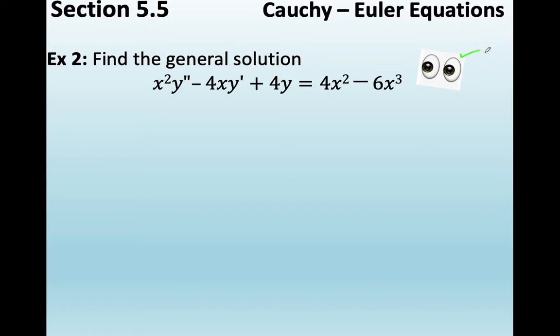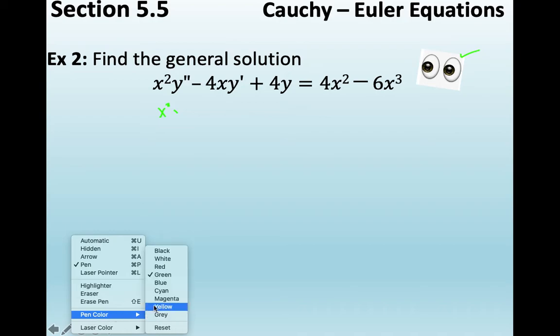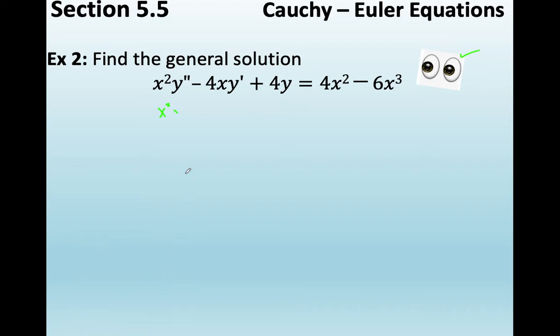I'm going to consider this homogeneous. Right now, I'm going to do the complementary. I'm going to do the transformation for it all, right?